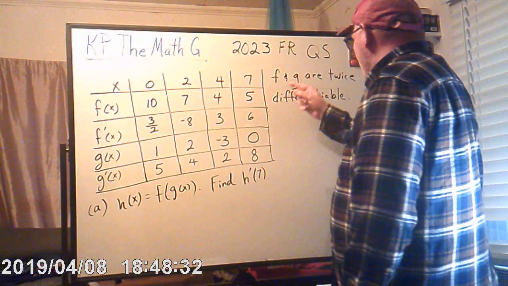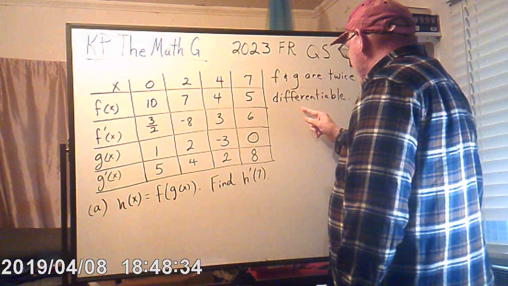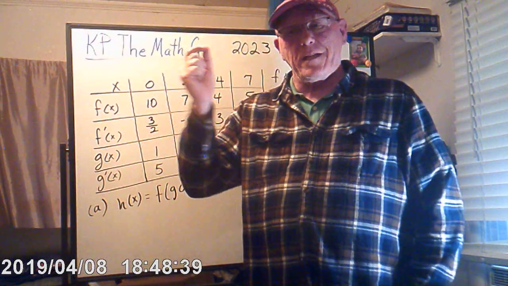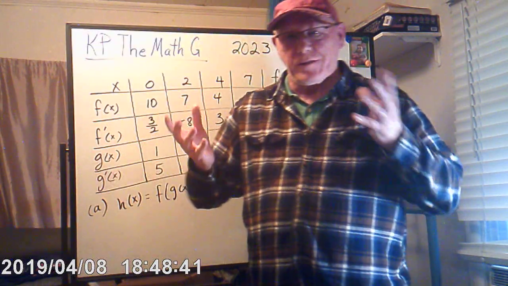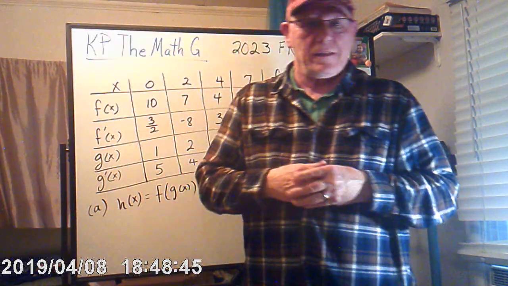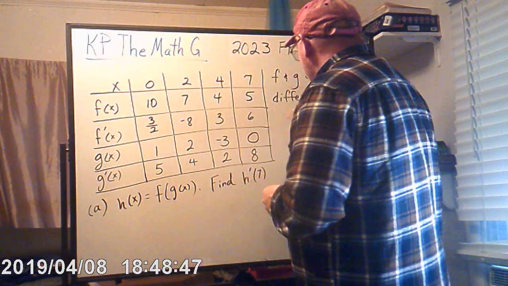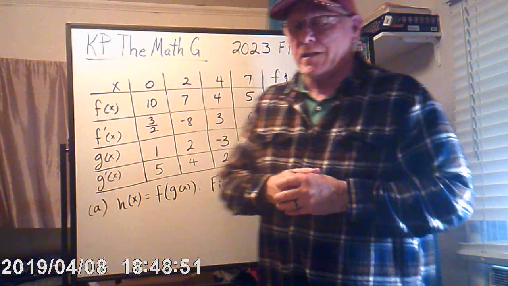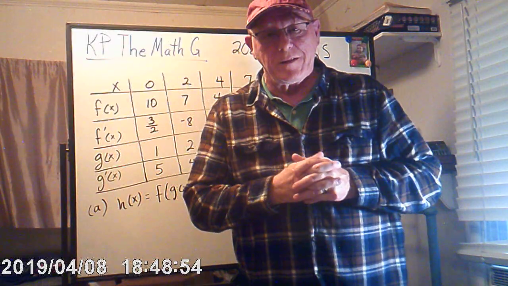This says that F and G are twice differentiable. Keep in mind that when you see differentiable, what are you to conclude about the curve? In this case, F and G are both differentiable, so F and G are both continuous, aren't they?